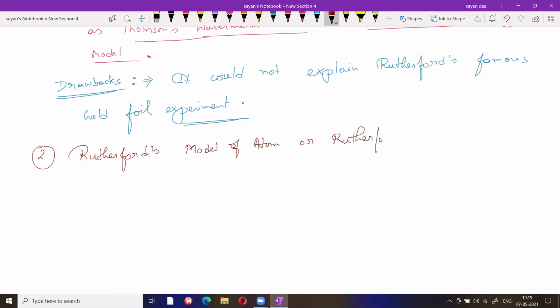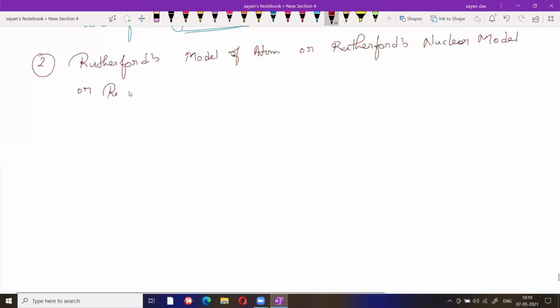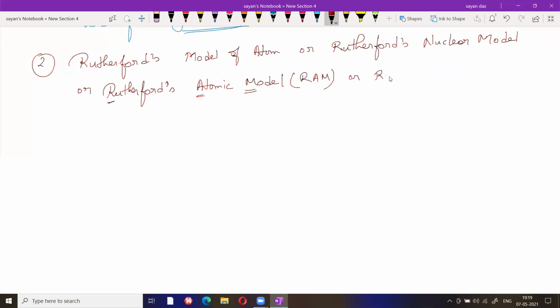It is also known as the Rutherford atomic model, RAM, not the computer term, or the Rutherford gold foil experiment.